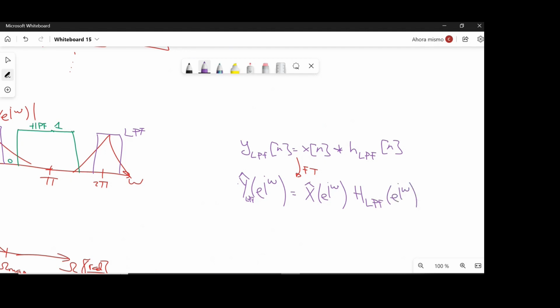So what we are drawing here is this response. This is called the transfer function. And this one is called the kernel, or it is also called the impulse response.